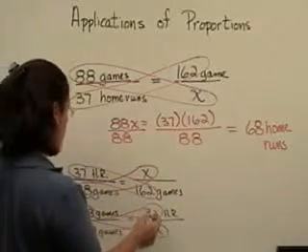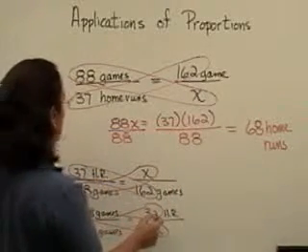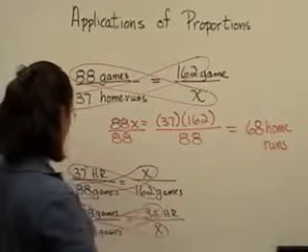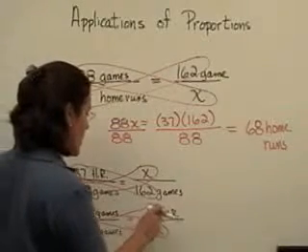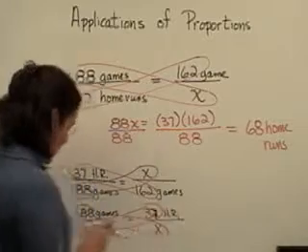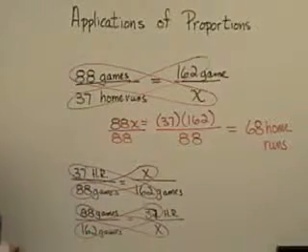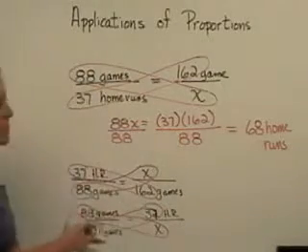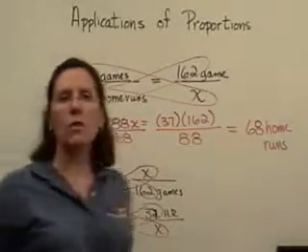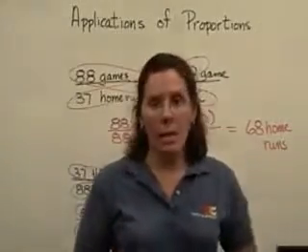I'm sorry, looks like I've written a number incorrectly right here. I should have had a 37 right here. Somehow I just was not thinking. There you go. Either way, in terms of setting up this proportion, is going to give you the correct solution of 68 home runs. Again, a direct proportion, very simple problem.